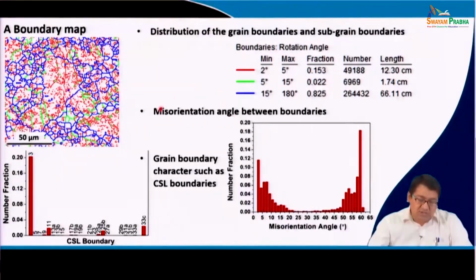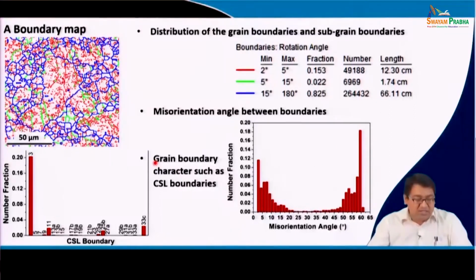So, we see that not only that, but we can find out grain boundary characters from this microstructure, because that is quantitative microscopy, and then we can find out the presence of coincident site lattice boundaries. And here is the figure showing the coincident site lattice boundaries from another microstructure, not this one.